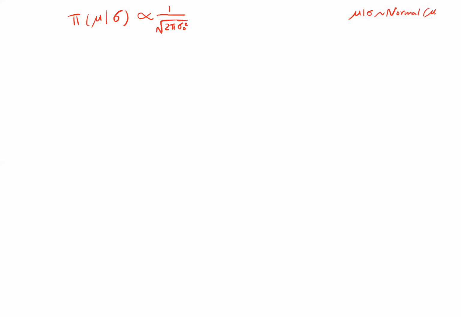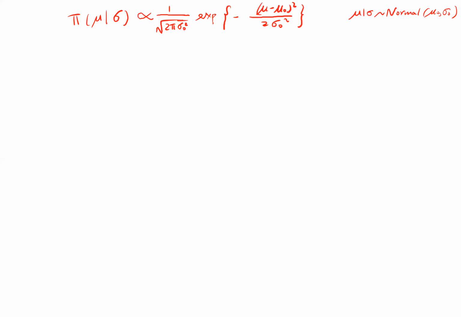We use mu 0 and sigma 0, right? That's the prior that we use. So in order to supply the detail, we're just going to write out the normal density here. It's going to be exponent negative mu minus mu 0 squared, over 2 sigma 0 squared. Right? That's just writing the normal density.